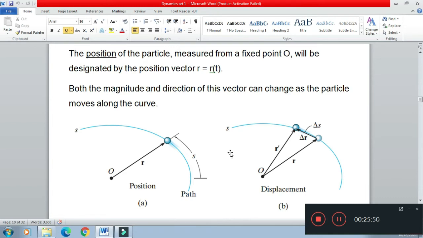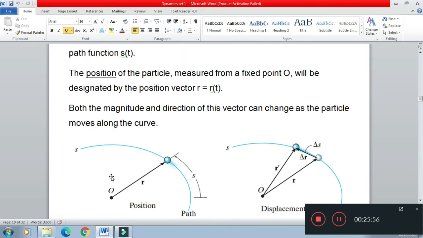To identify the location of the particle on the curve, we mark a point O which is fixed, and from this fixed point we draw a vector. The position vector will be r, and this position vector r will be a function of time.